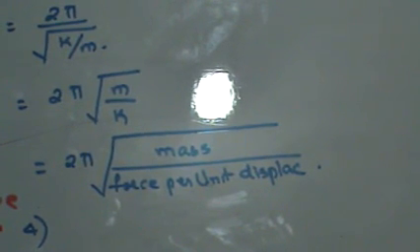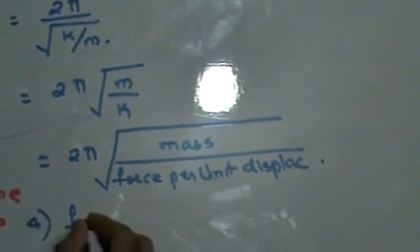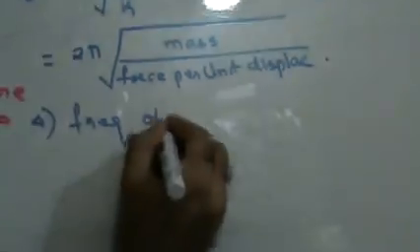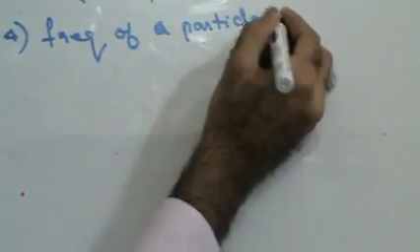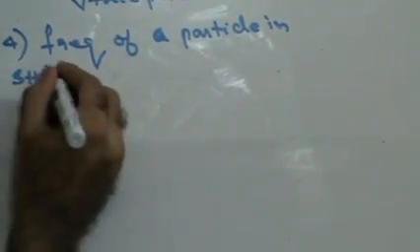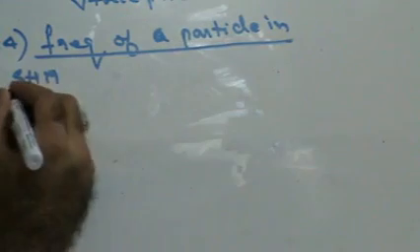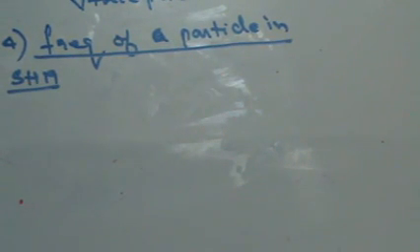Next, let's find out the frequency of a particle in SHM. Now, how do I define frequency? Frequency is defined as the number of oscillations per unit time, right?